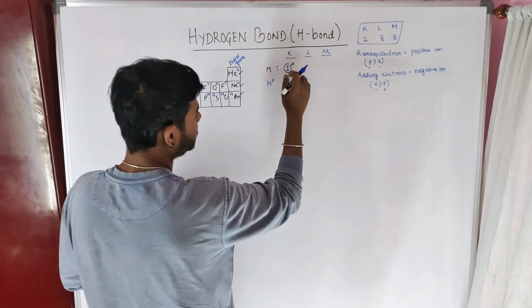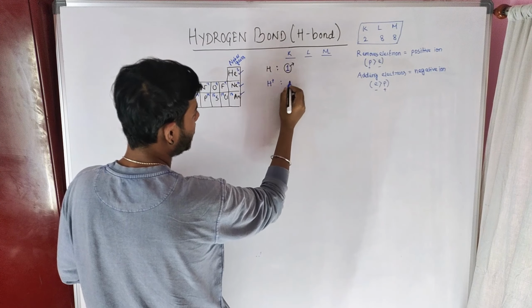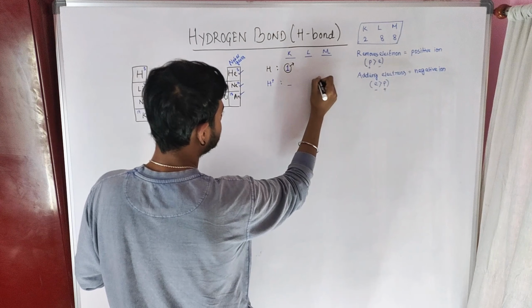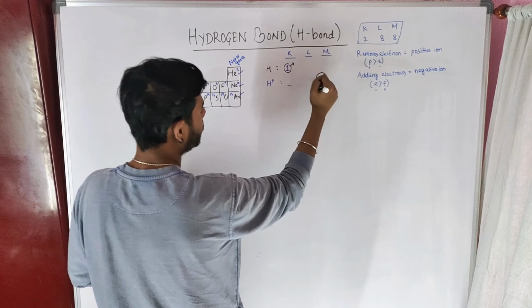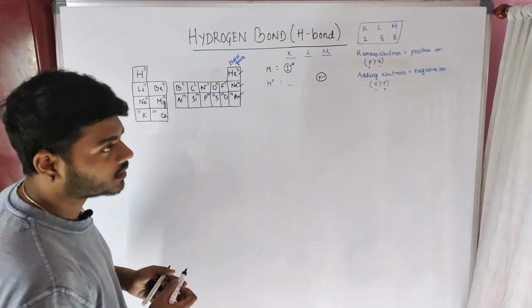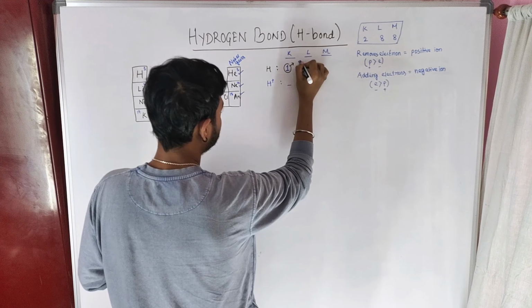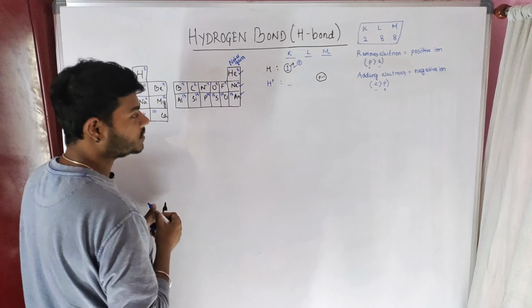So when hydrogen removes 1 electron, it forms a hydrogen ion with an empty outer shell. So only the hydrogen nucleus remains with 1 proton, no electrons in its outermost shell. So you might wonder that hydrogen could have also taken 1 negative electron in its outermost shell.